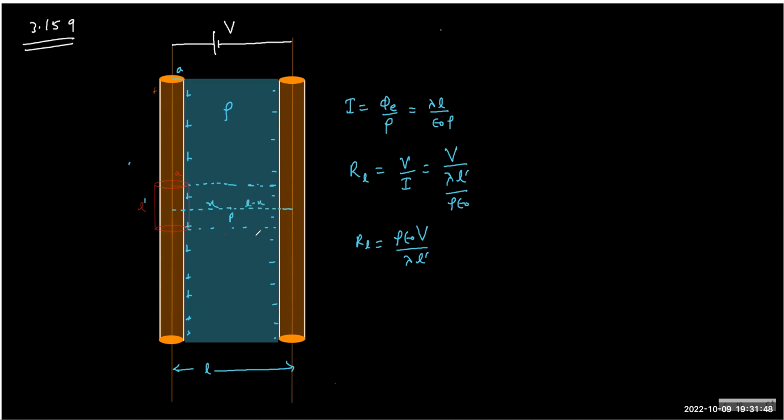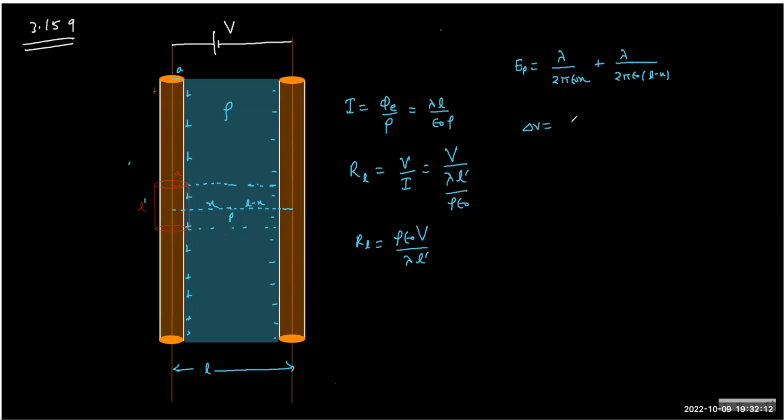L minus x. And we know the electric field formula. So the net electric field at point P due to both will be lambda by 2 pi epsilon naught x, the first one, and the second one will also pull it to the right, plus. So net will be like this.